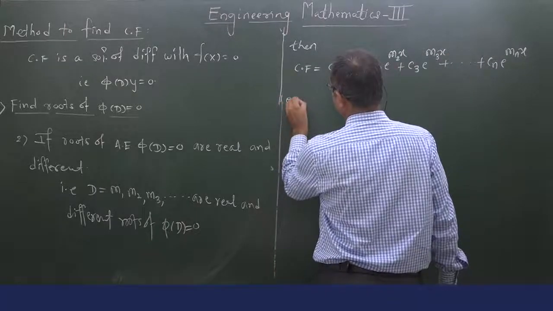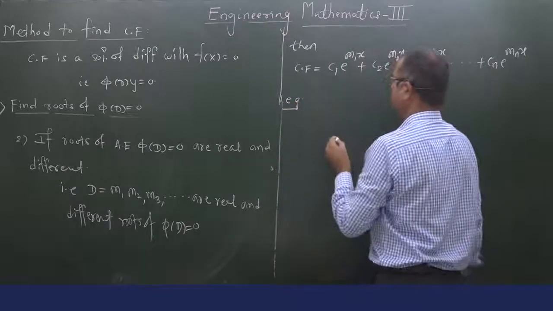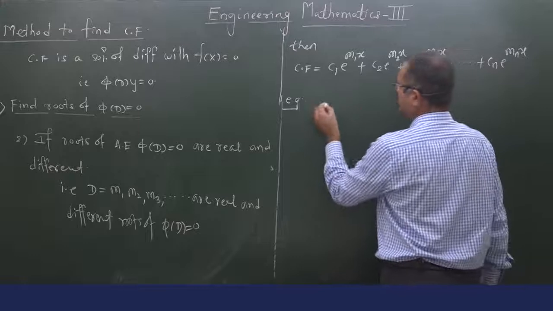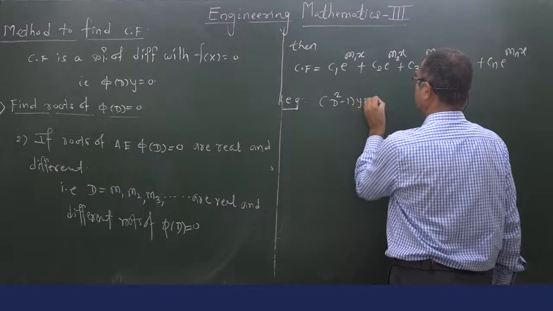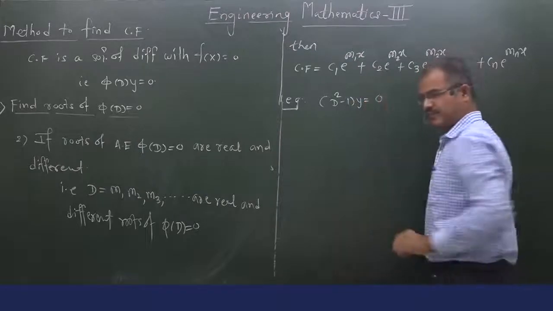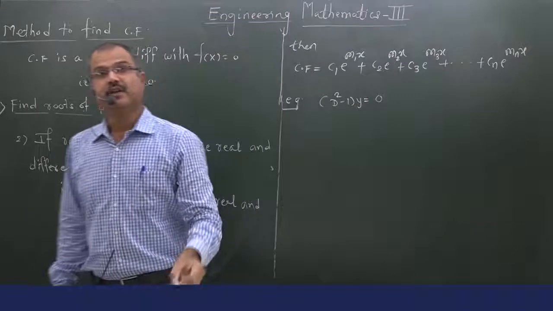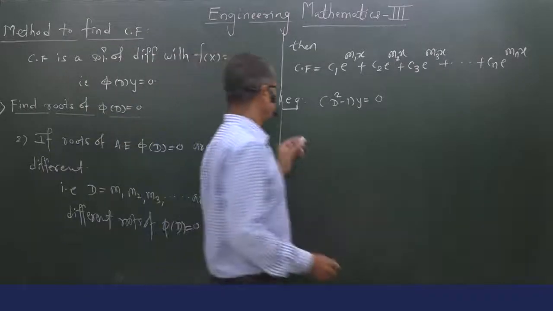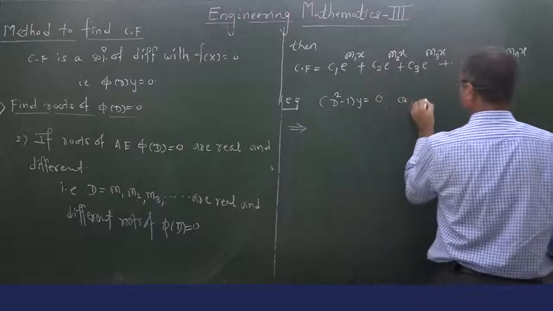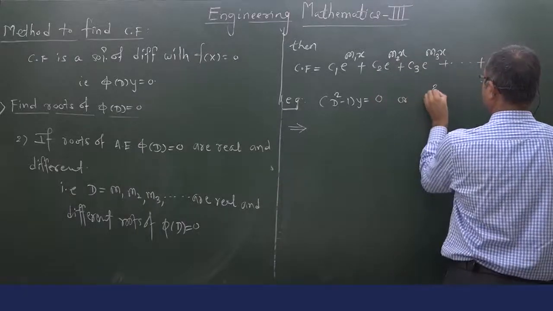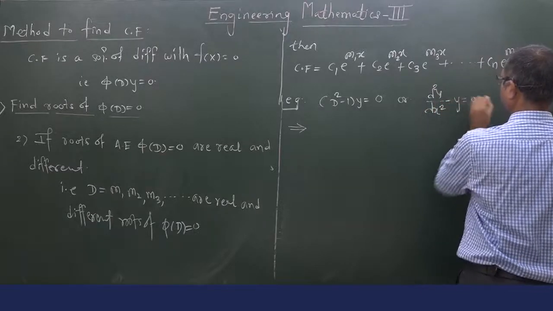For example, if I have such a type of equation like (D square minus 1) y equal to 0, and you want to calculate the solution of this differential equation, or sometimes the equation is given like this, d square y by dx square minus y equal to 0.